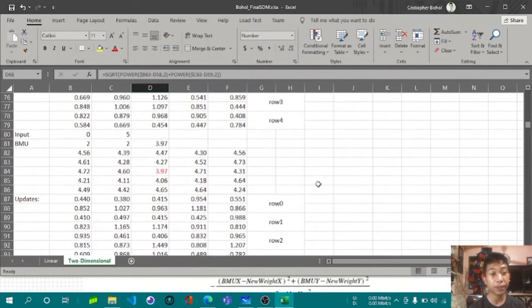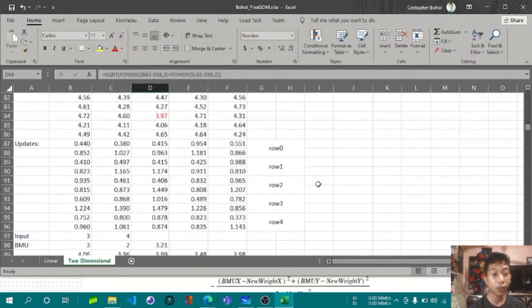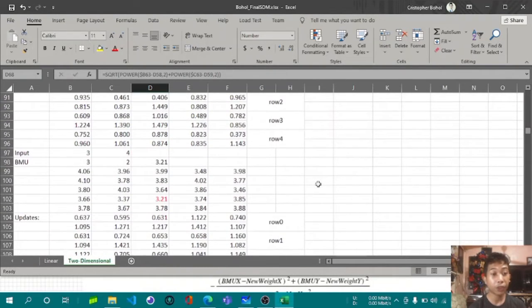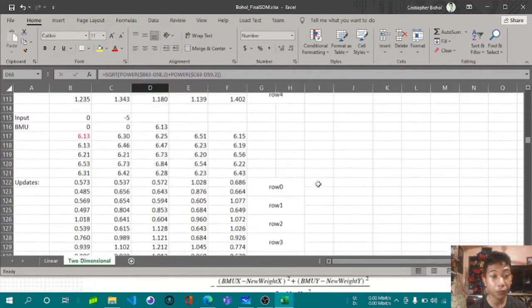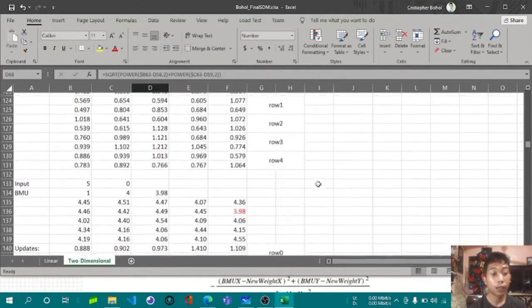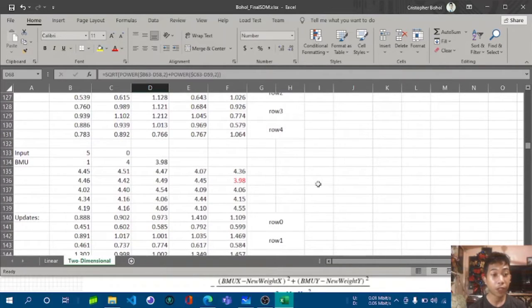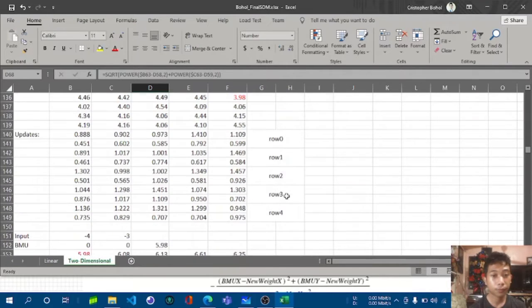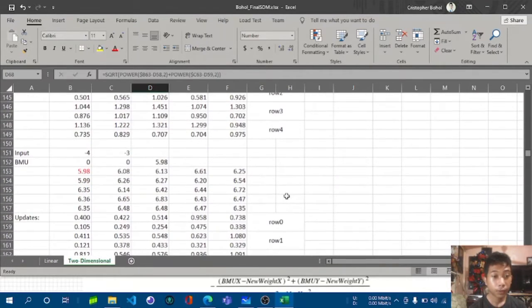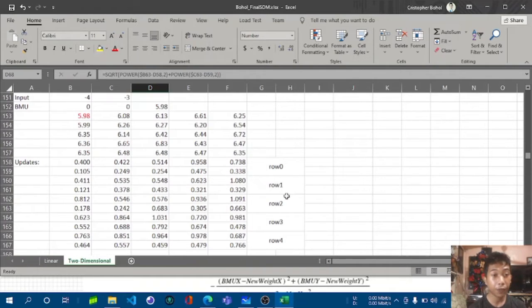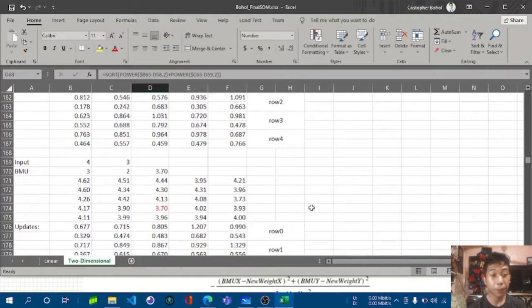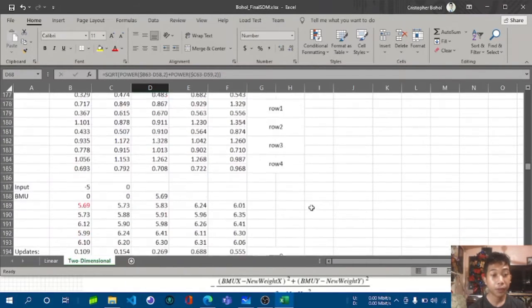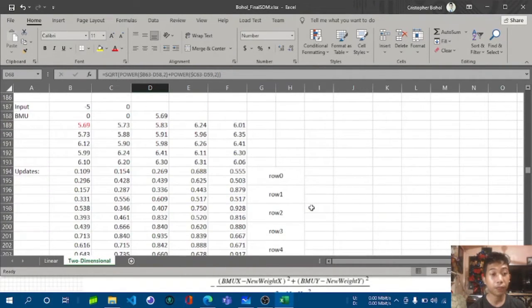So we have 3.97 for 0 and 5, 3.21 for 3 and 4, 6.13 for 0 and negative 5, 3.98 for 5 and 0, negative 4 and negative 3 for 5.98, 3.70 for 4 and 3, 5.69 for negative 5 and 0.